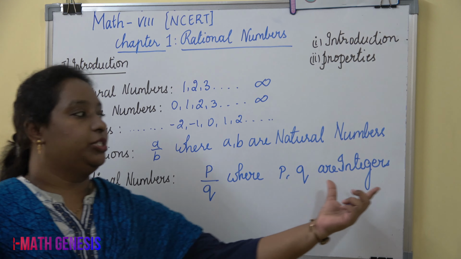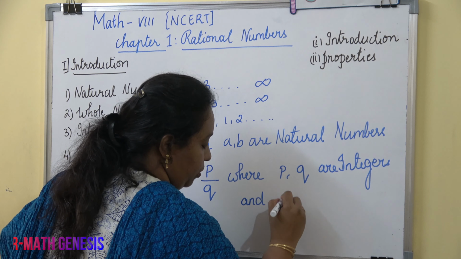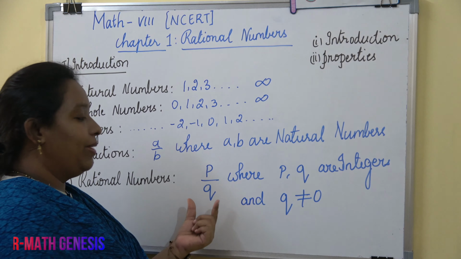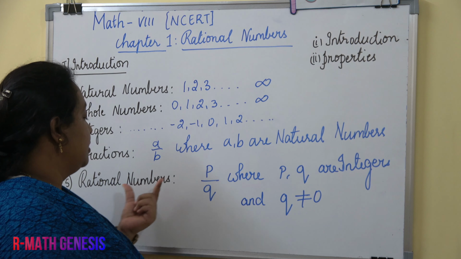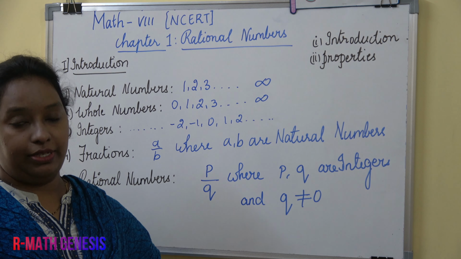What are integers? Both negative numbers as well as positive numbers. So over here you can have negative numbers as well as positive numbers. And q is not equal to 0, which means the value of q should not be 0. This is the basic introduction of rational numbers.